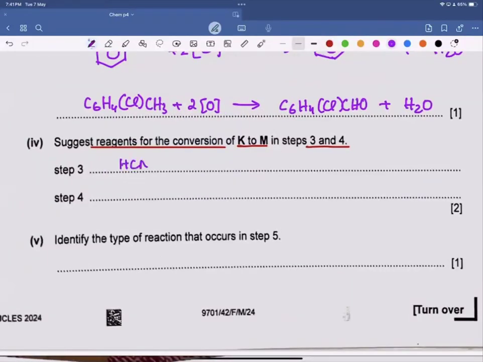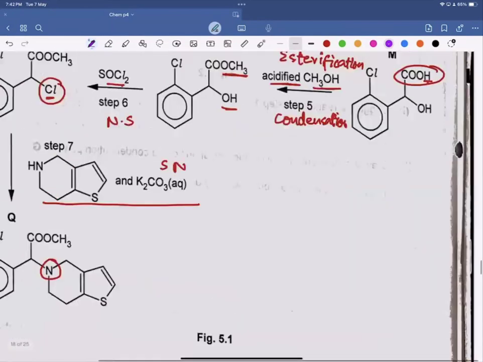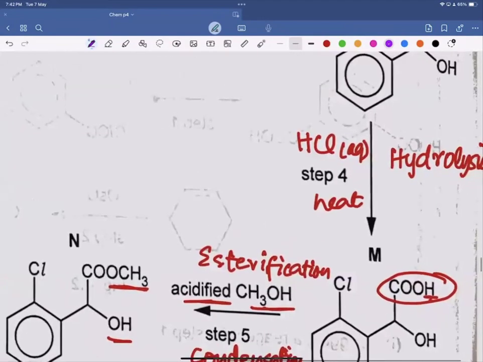So you can write either NaCN or KCN, but remember this NaCN or KCN is a catalyst and the HCN is the reagent. Okay, for step 4, it's a hydrolysis, and I have mentioned that we are going to use aqueous hydrochloric acid, right? See, that's what we have mentioned over here.